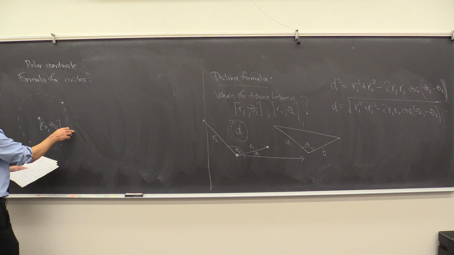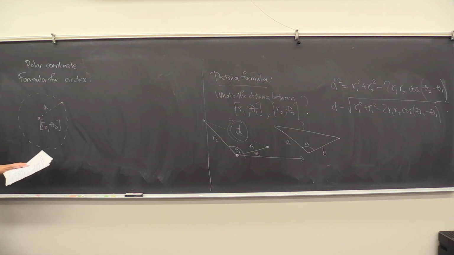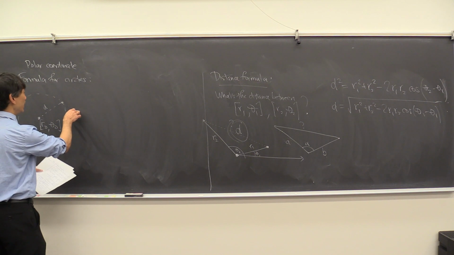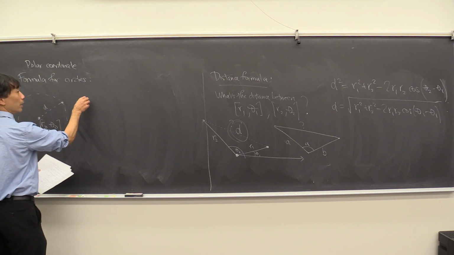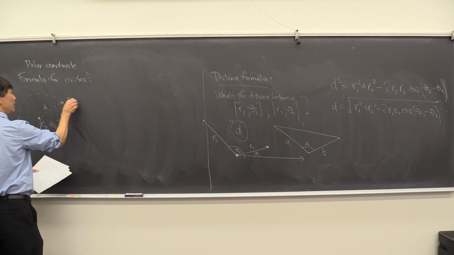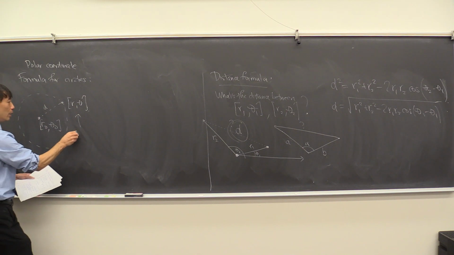So what does that tell you? I'm sorry, you want the circle of radius d around it. Excuse me. So what does that tell you? Let this denote some arbitrary point on the circle.